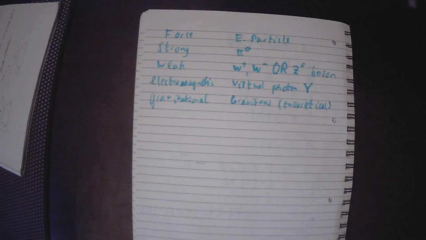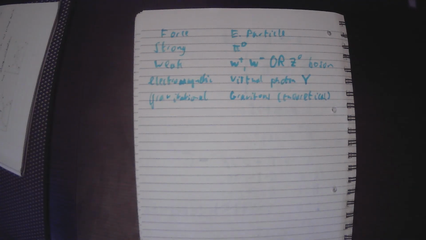It's making sure that the strong interaction has a particle which is carrying the force between the particles which feel the strong interaction, and therefore it is the exchange particle for the strong interaction.